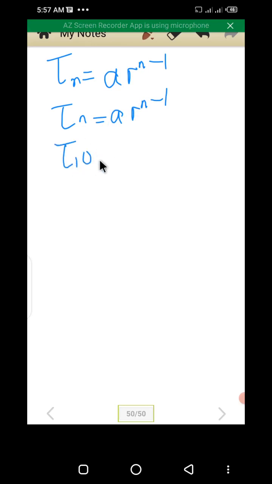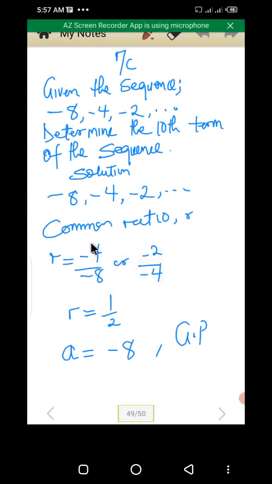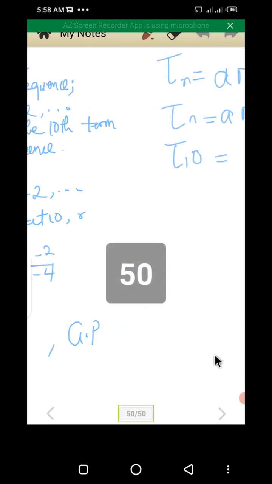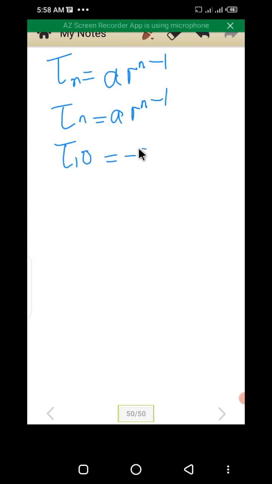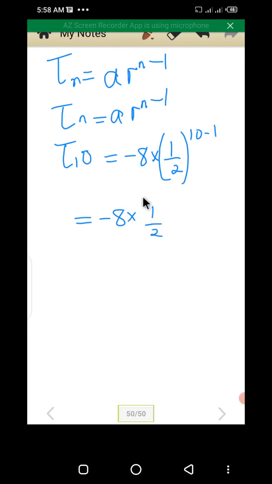T of 10 will now be: we are given the first term to be -8 and the common ratio to be a half. So -8 times (1 over 2) raised to the power n minus 1, where n is 10, which is -8 times (1 over 2) all raised to the power 9.